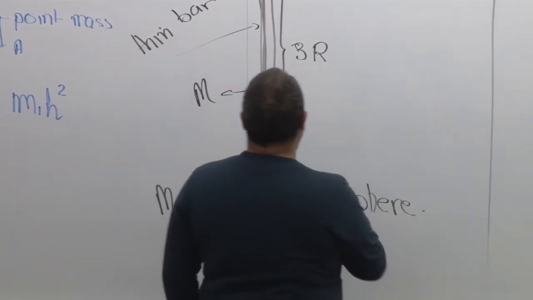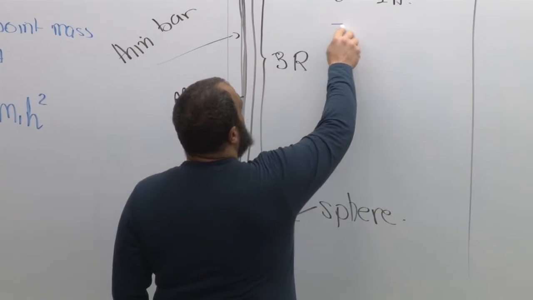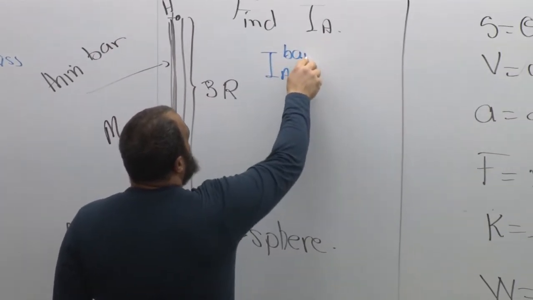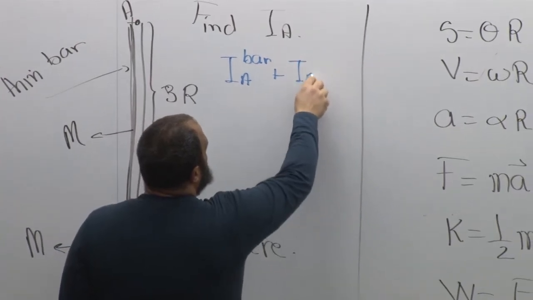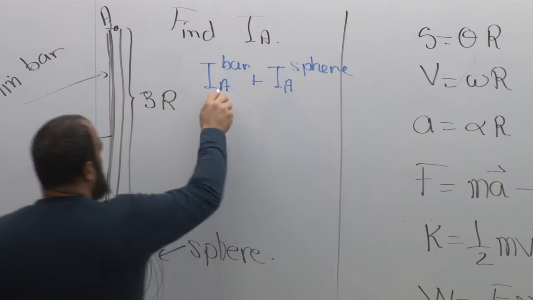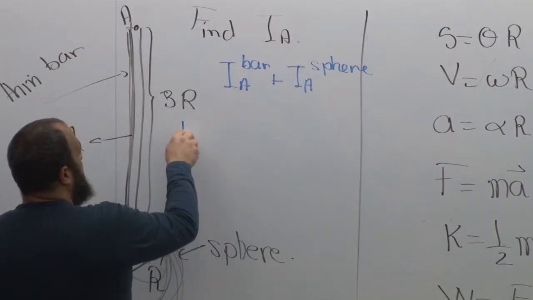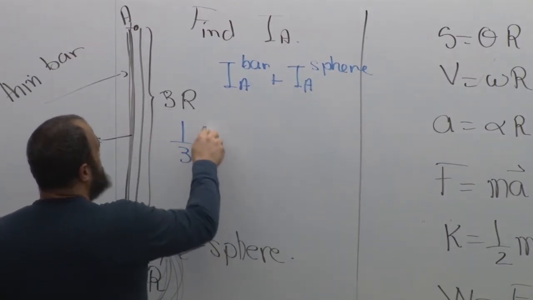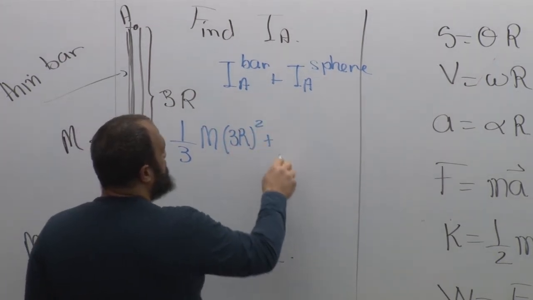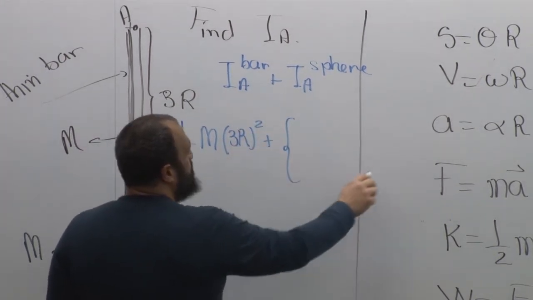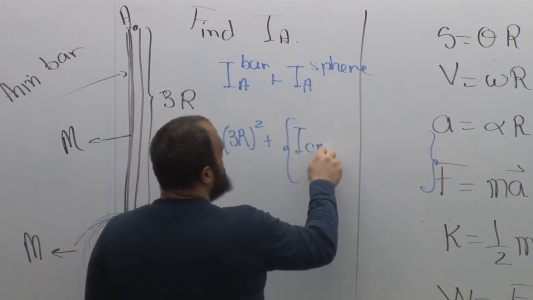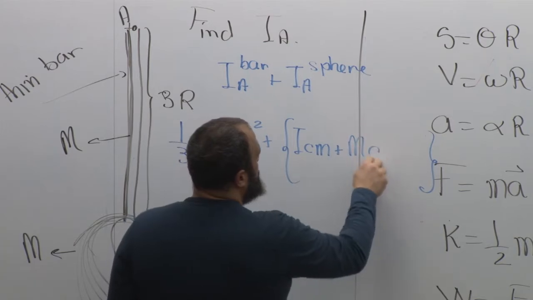For this system here, we have I about A of the bar plus I about A of the sphere. And for this part, I'm going to quote the result from last week. Again, that is 1/3 M times L, which is 3r, squared, plus the moment of inertia of the sphere, which has 2 components to it: ICM plus MD squared.